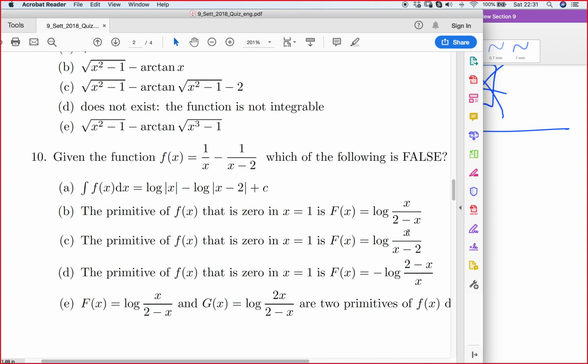Why is it so? Can you hear me? Okay. So we are trying to understand why B is a primitive. f of x equal to x over 2 minus x. What is wrong with this?